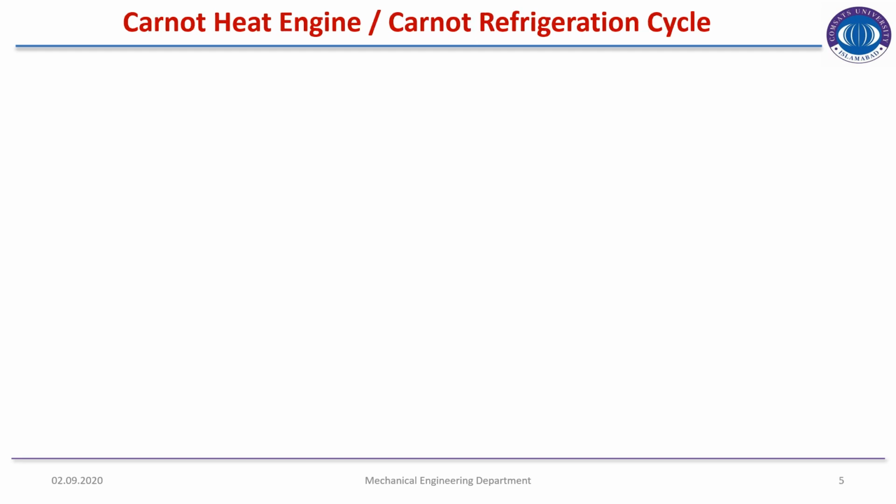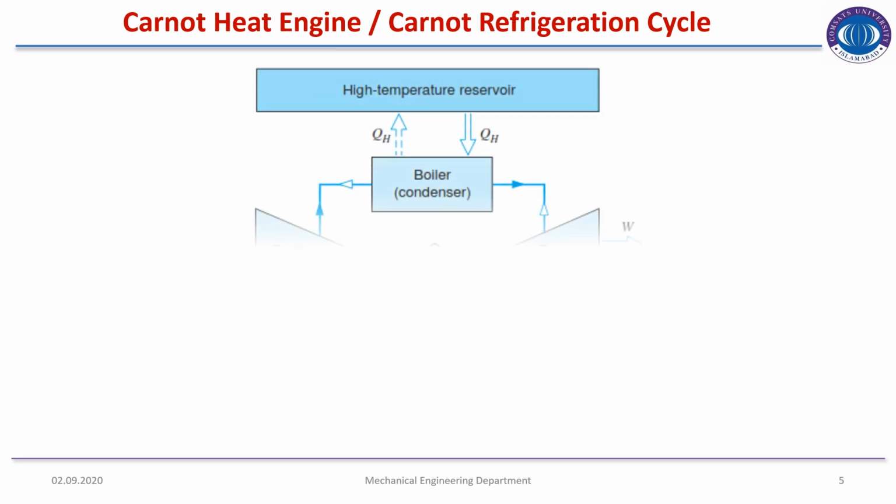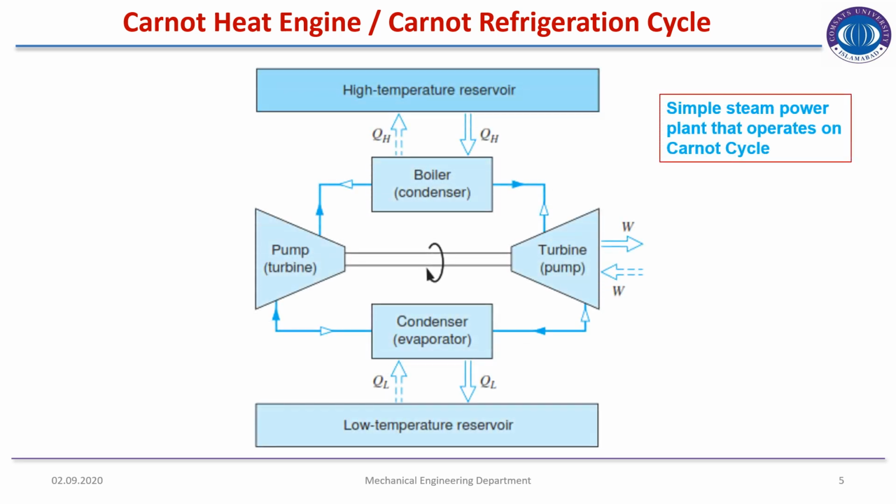Carnot heat engine, Carnot refrigeration cycle. The schematic diagram of the Carnot heat engine and Carnot refrigeration cycle is shown on the screen, and this is a simple steam power plant that operates on the Carnot cycle.